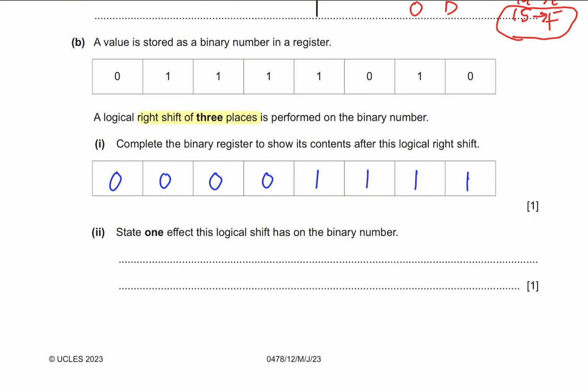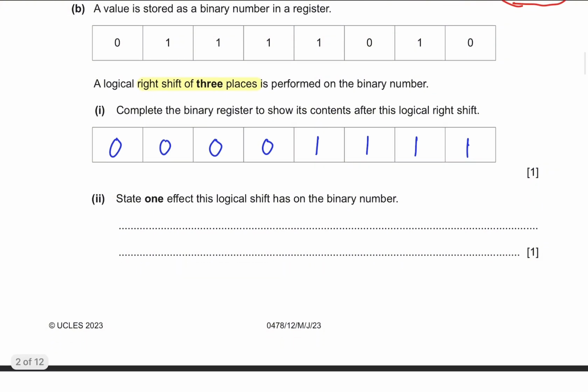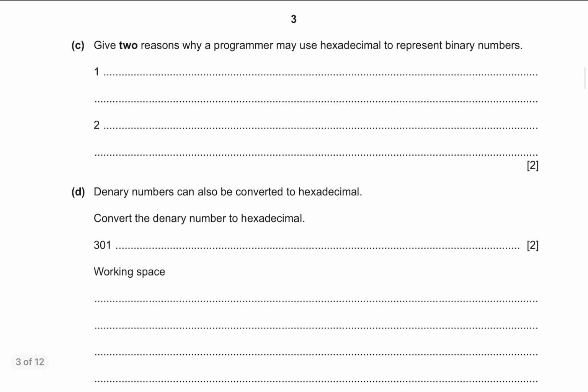State one effect this logical shift has on the binary number. Let's say it is divided by 8. Give a reason why a programmer may use hexadecimal to represent binary numbers. Why is he using hexadecimal to represent binary numbers?